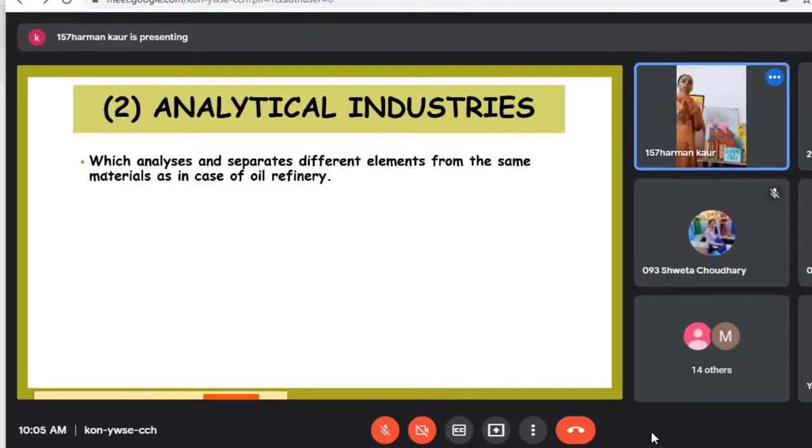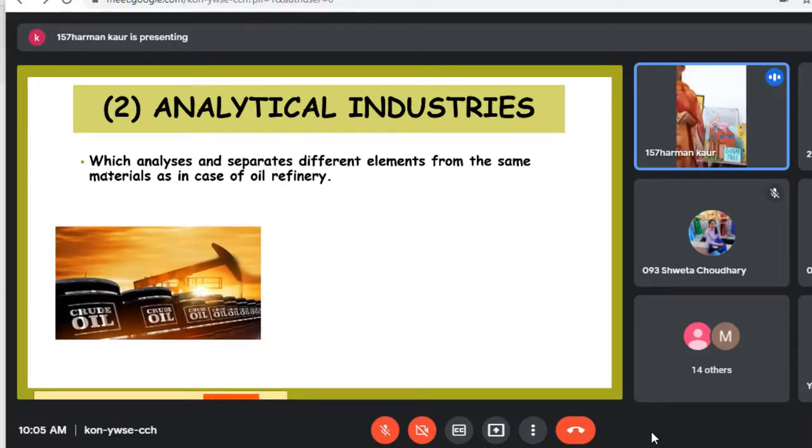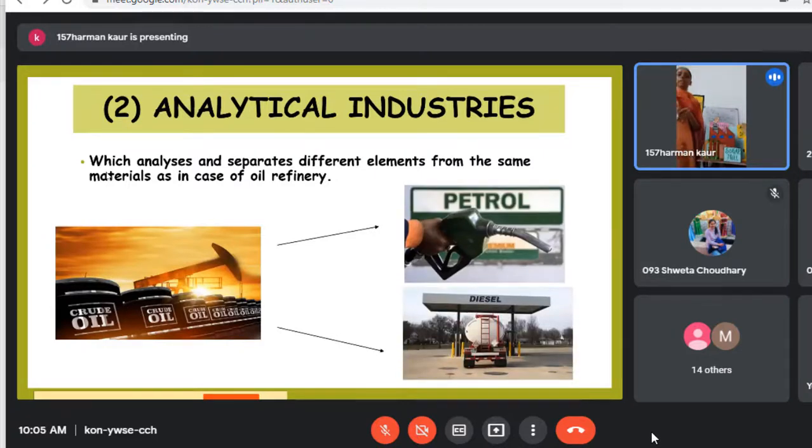For example, crude oil is separated into diesel and petrol. So these are two products, petrol and diesel, and these products are separated from the same material, that is crude oil. Okay, this is an example of analytical industry.